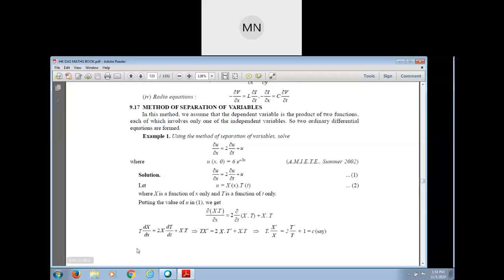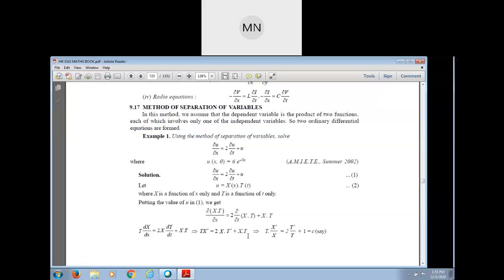So del capital X divided by del x is d capital X by dx, and T comes outside, T into d capital X by dx. Similarly, on the right hand side, del t: capital X comes outside, so it gives us 2 into capital X into d capital T by dt, and the other term is X into T. So dX by dx, this is nothing else than X dash, equals twice X T dash plus X into T.